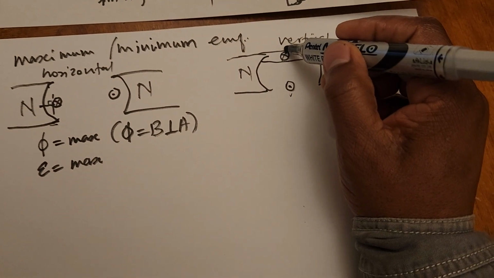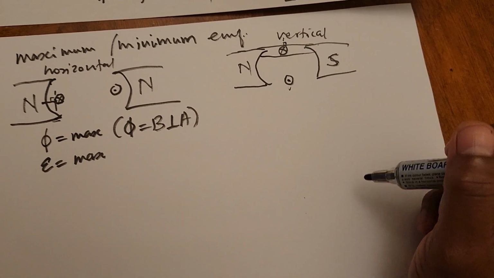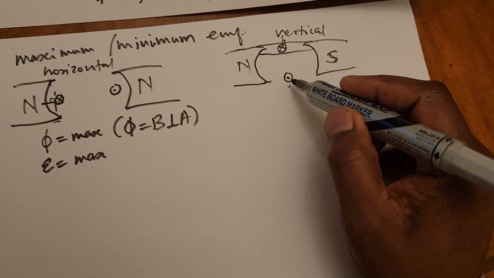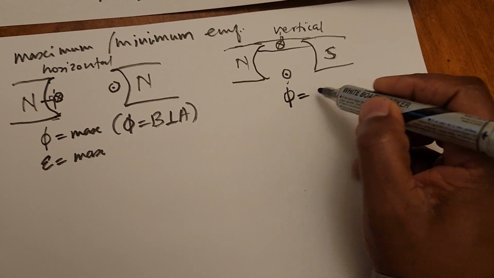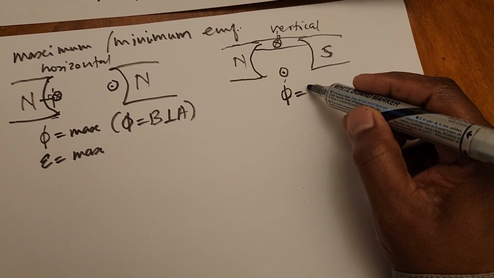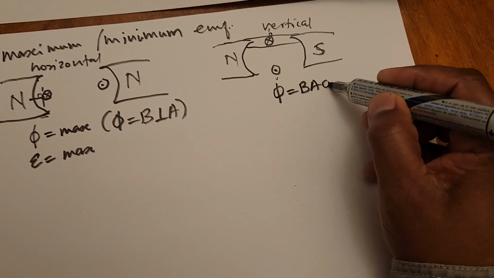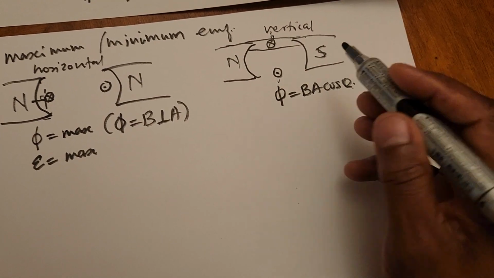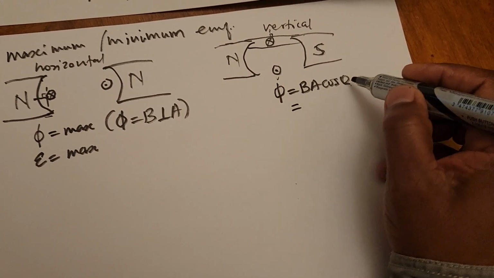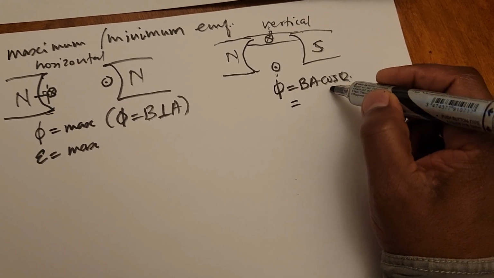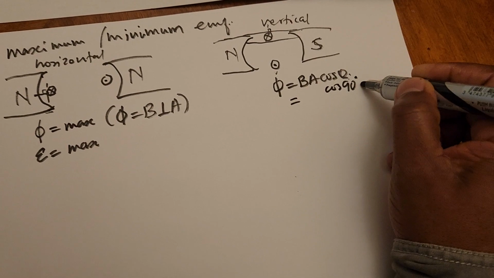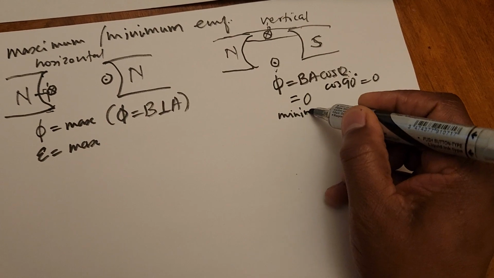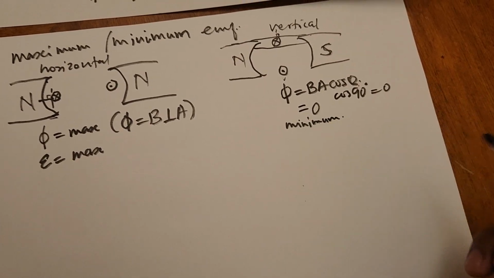As a result, it will be perpendicular to the normal to the conductor. Therefore the phi, if we use BA cos theta from grade 11, we know that if the angle is 90 degrees, then cosine of 90 degrees is 0. Therefore the phi will be 0, which is the minimum. Therefore minimum phi, minimum EMF.